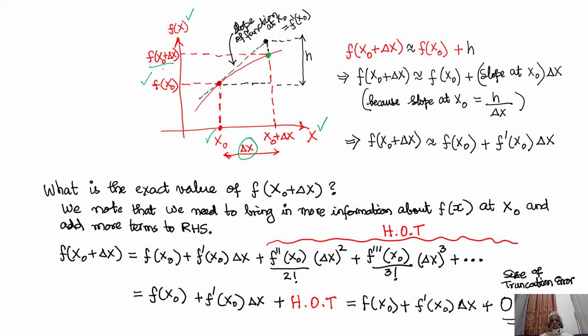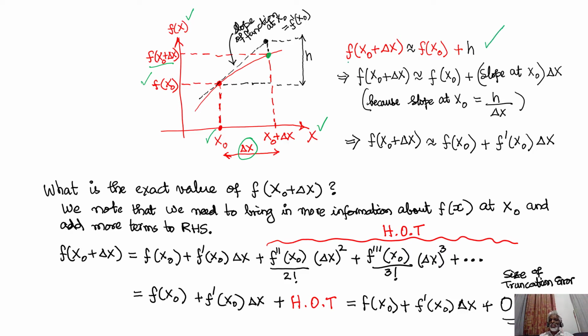Now assume we are at the point x equal to x naught where the function value is f of x naught. We want to find out the value of the function at x equal to x naught plus delta x. So if you want to write an approximate value for the function at x naught plus delta x, we might write this expression that you see there.